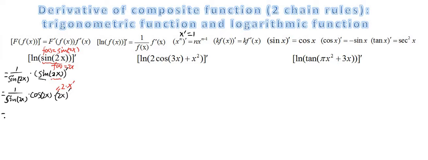Now we can write down the answer. 2 times 1 is 2, so we have 2 cosine 2x divided by sine 2x. And as we know, following the trig function relationship, cosine 2x over sine 2x is gonna be cotangent 2x.